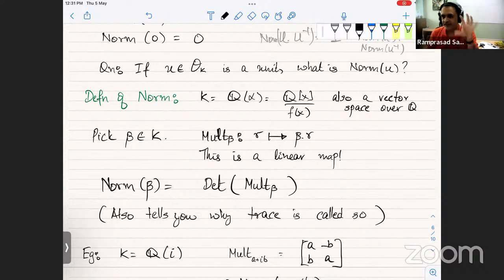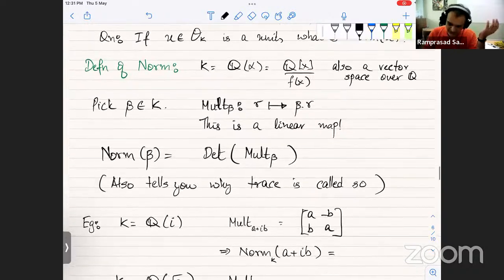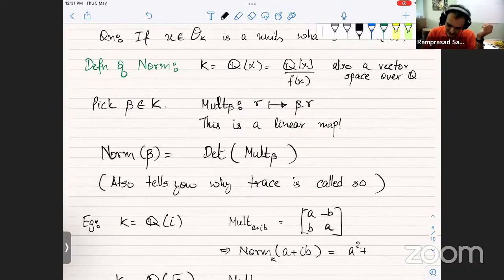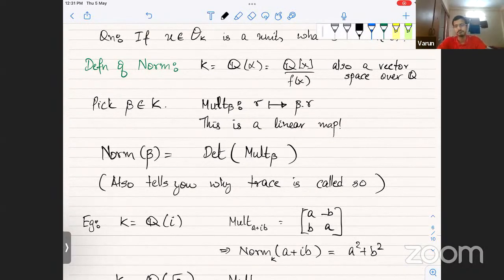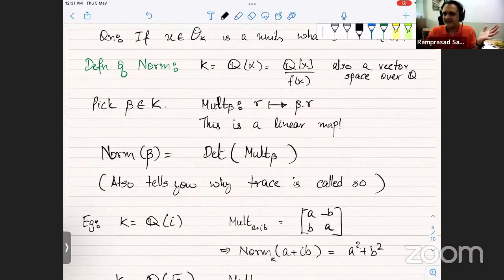So that's what the multiplication operation with this complex number looks like. And what's the determinant of this? This is a squared plus b squared. So now you know why the norm of a complex number was defined this way. The Euclidean distance made a lot of sense, but there is also an algebraic meaning to why the norm is a squared plus b squared.